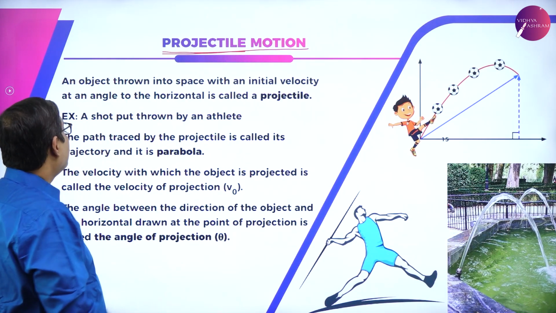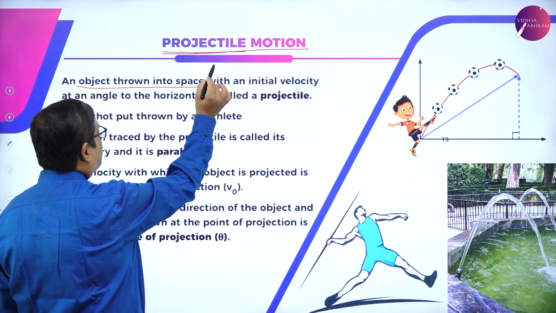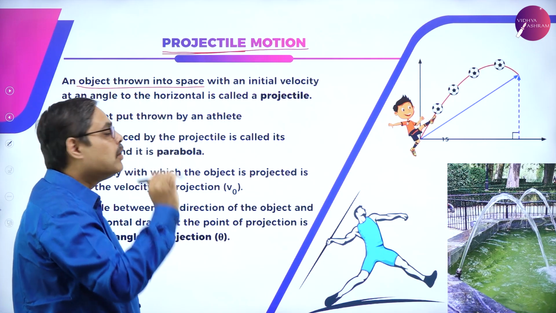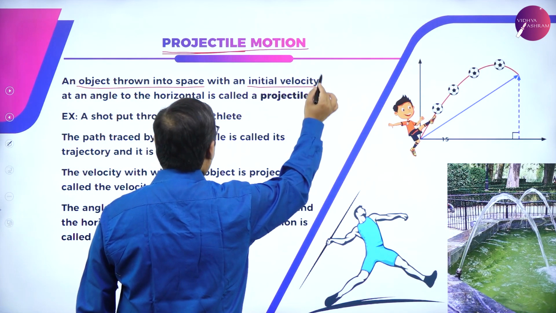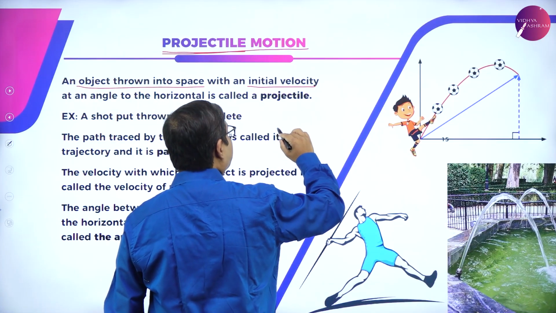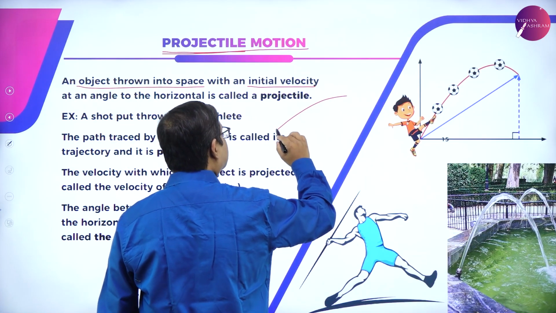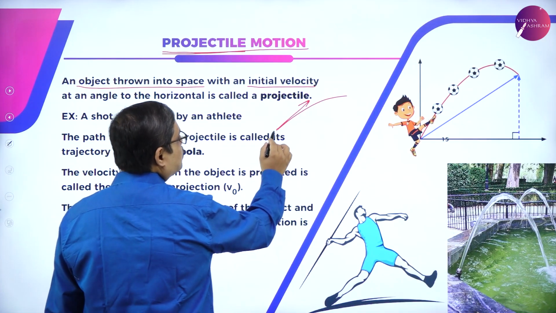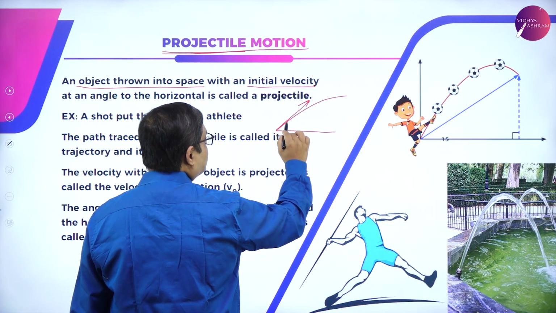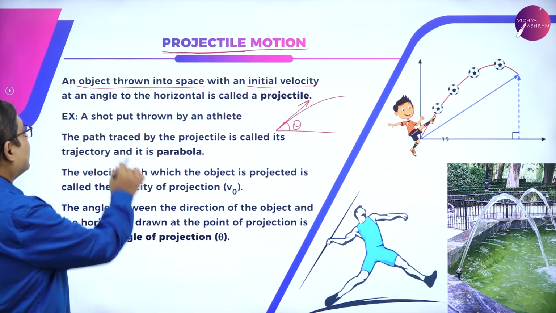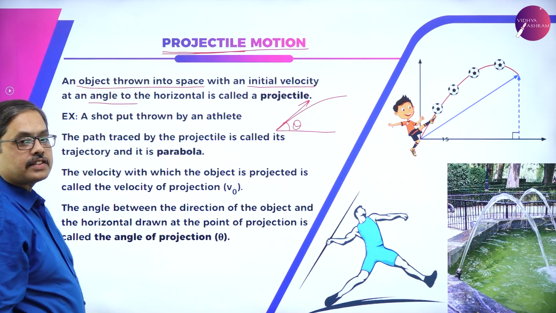Let us check. An object is thrown into space with some initial velocity, because when you are throwing there is some velocity in it, at an angle to the horizontal. Suppose you are kicking a ball which goes like this. At the point where the ball starts moving, the angle with the horizontal at that point is the angle to the horizontal.